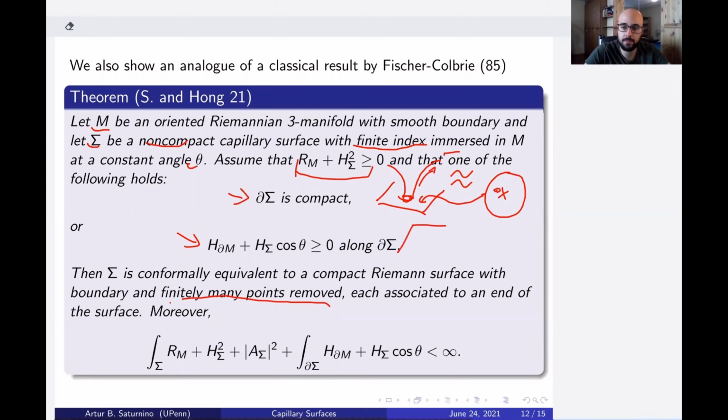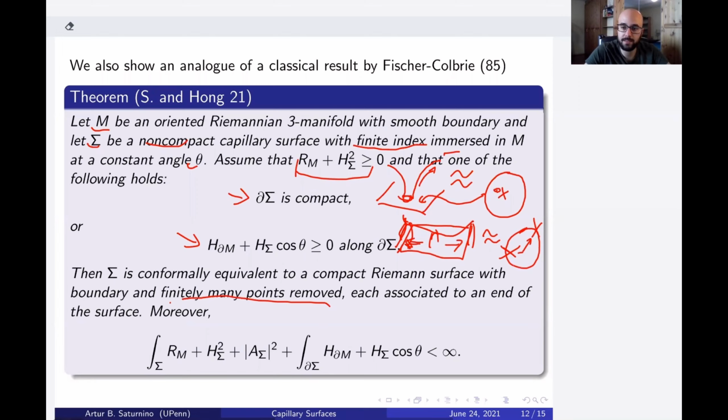For the other example, again the catenoid, but now we cut it along the axis of rotation. Well, that turns out to be conformally equivalent to, again, a closed disk, but now instead of a single interior puncture, we have two boundary punctures, each of which corresponds to an end, one of these two ends here.